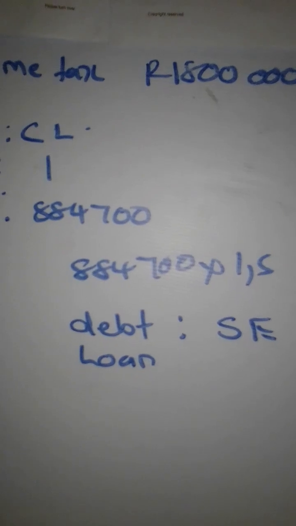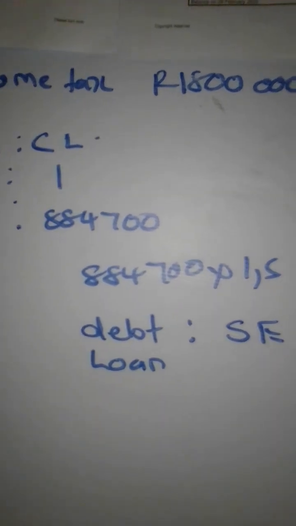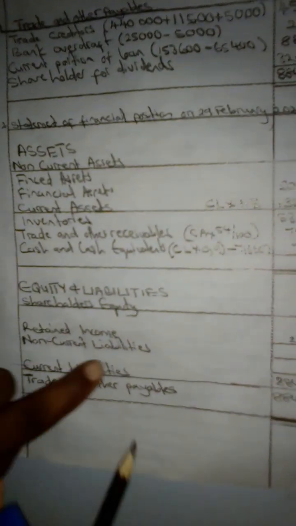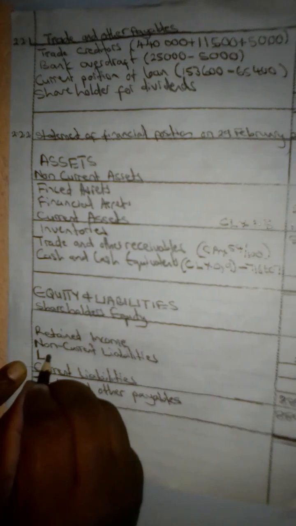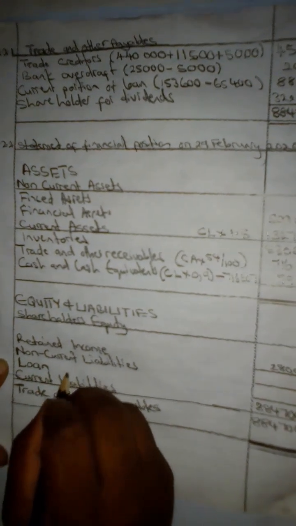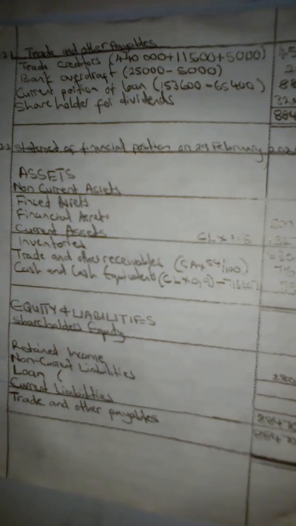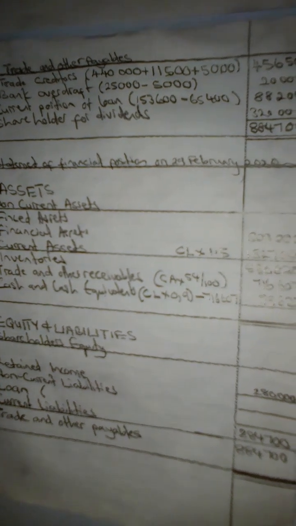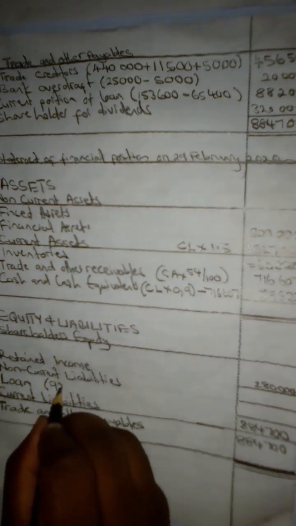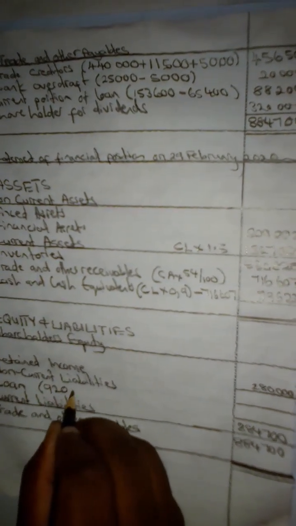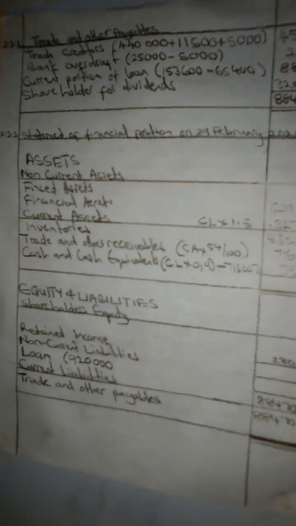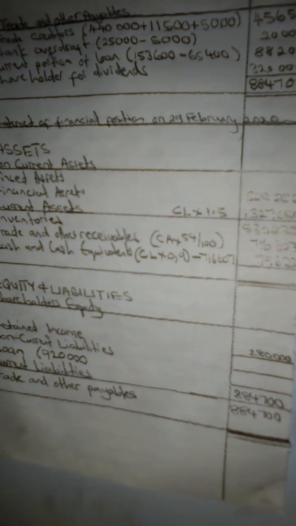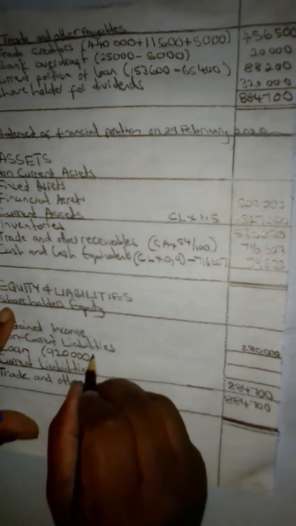Let's do the calculation together. We can go straight to where it's written non-current liabilities, and then we record loan. We do that adjustment here. Let's look at what we are given. We are given the balance at the beginning, 920,000. So we're going to say 920,000. What happened? We are going to say plus 65,400. Why? Because the interest is being capitalized.